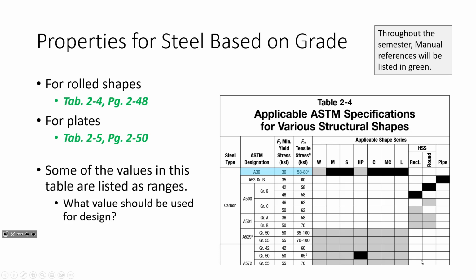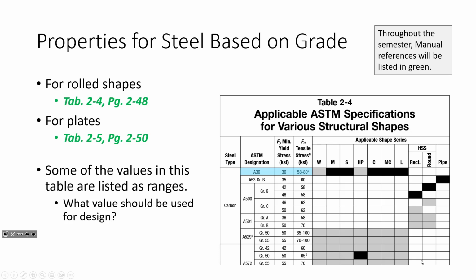In other words, what happens if I design a tension member to withstand load and I assume 80 KSI and it's actually 58 KSI? What happens? It fails, right? And if I'm designing a bridge that my grandma's going to drive over every day, I don't want anything to happen to grandma, right? So what I'm going to do is assume the worst case scenario. Okay, so the worst case scenario is 58.